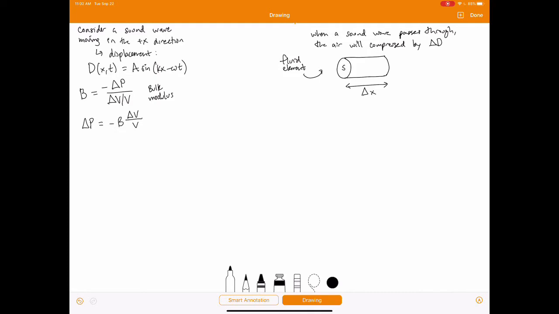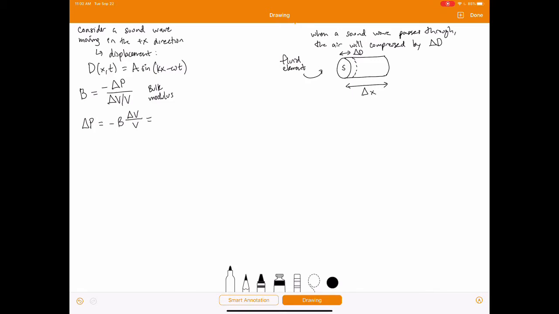So the idea is when a sound wave passes through this fluid element, it's going to be compressed and stretched out and then compressed and then stretched out. Let's say this is the moment where it's being compressed, and again, we'll call that distance delta D. So that's the picture you should have in your mind.